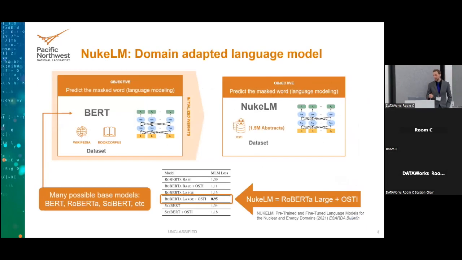Okay, so focusing on language models. The first thing we want to do to build a domain adapted language model is the step of pre-training. So when you're talking about these deep learning models, there are many parameters in the model that can be tuned, and there are different ways to tune them. So we basically employed the approach of pre-training followed by fine-tuning.